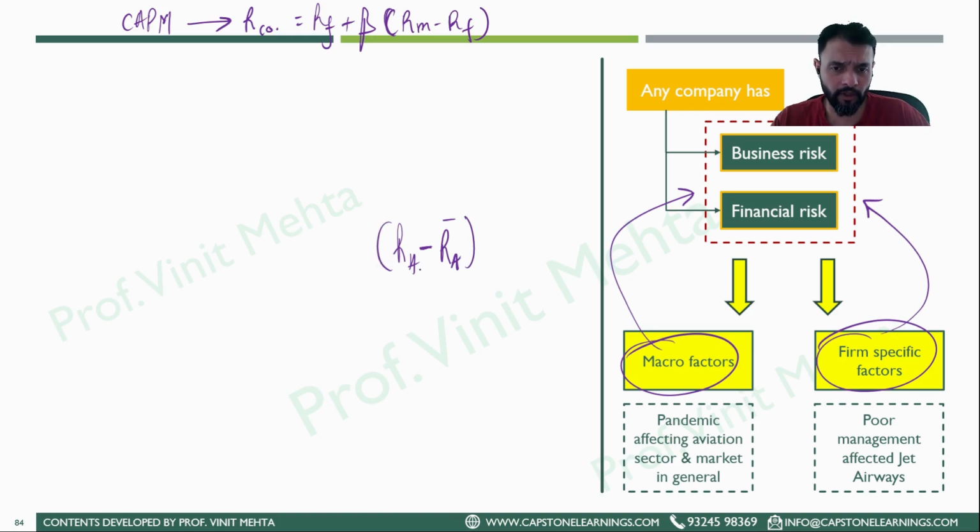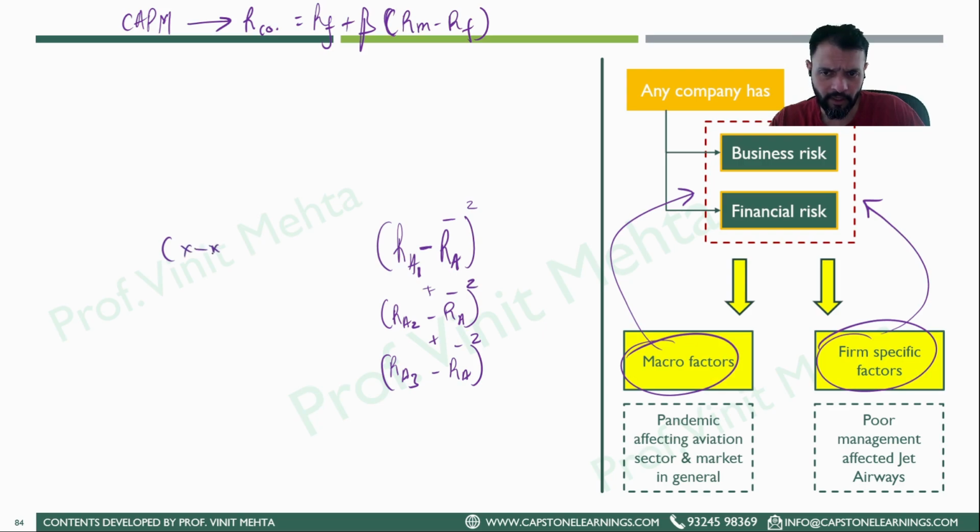For example, return of company A for year 1, then return of company A for year 2 minus the mean, then return of company A for year 3 minus the mean. Are you getting it? And if I square each of the deviations and total them, I get x minus x bar raised to the power 2, summed up, divided by n, square root. I'm getting the standard deviation.